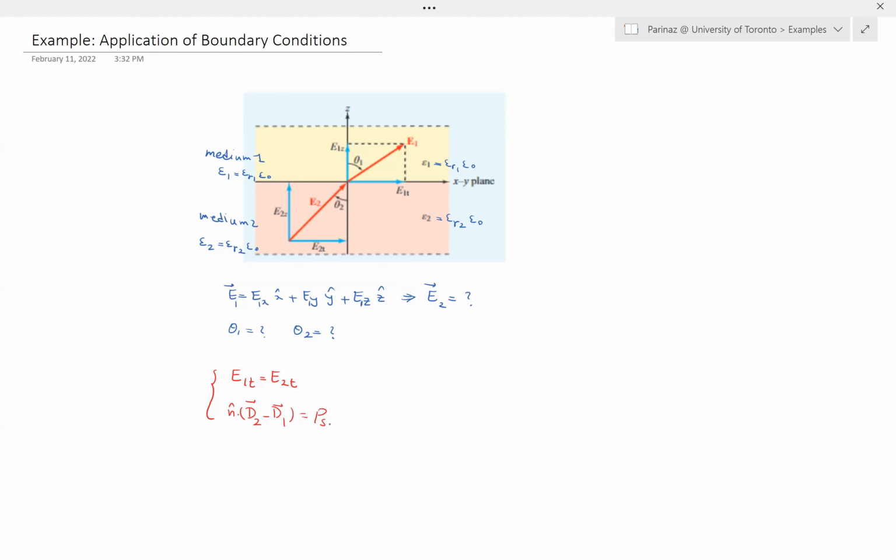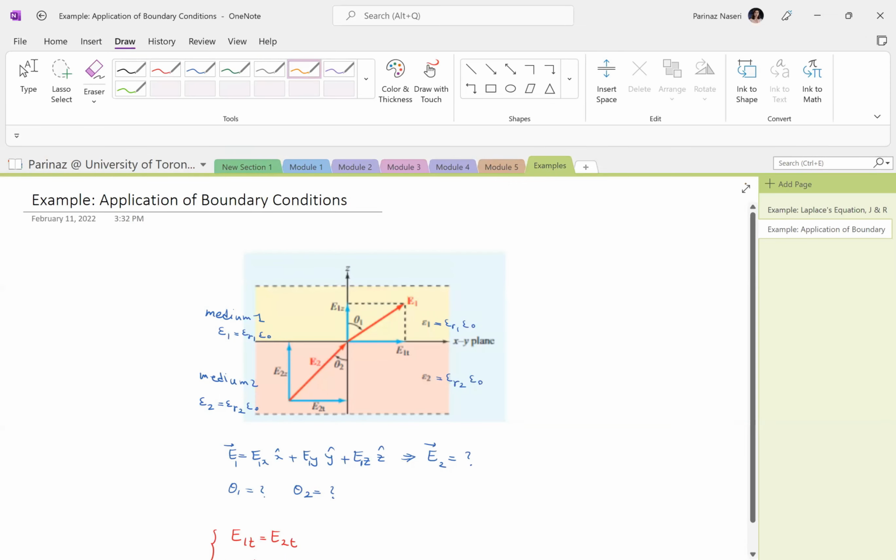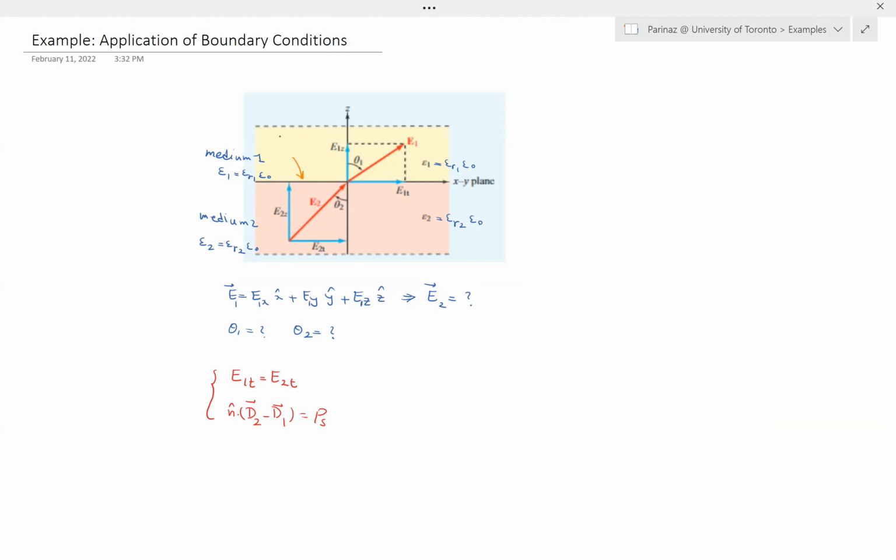Whenever rho s is not given to you, you assume rho s is 0. In any medium, if it is not indicated that you have some volumetric, surface or line charge density, then you assume it is 0. So here, since the question didn't give us any surface charge density at the boundary, we are going to assume rho s is 0.